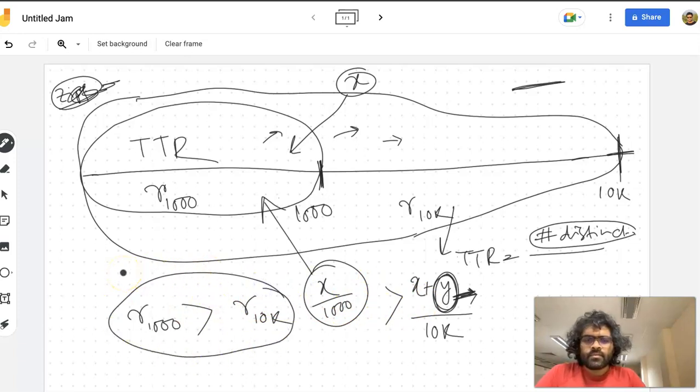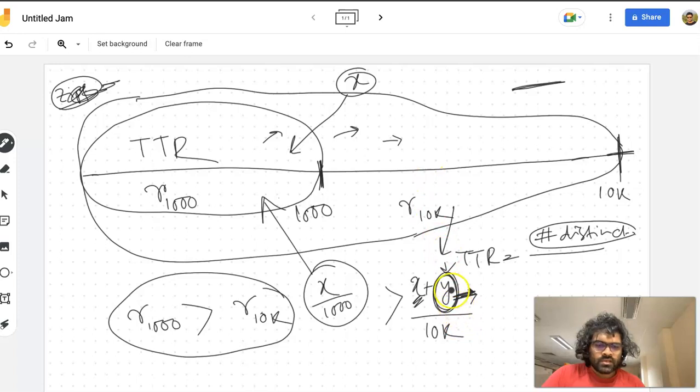If anyone has any doubt, they can ask. The thing is very simple. Suppose the number of distinct words is X in the first part, and in the whole document, till 10k, maybe there are X plus Y distinct words. But the logical reasoning is that this Y should not be much higher than this X, because as we go through the document, the number of new distinct words keeps getting lower.